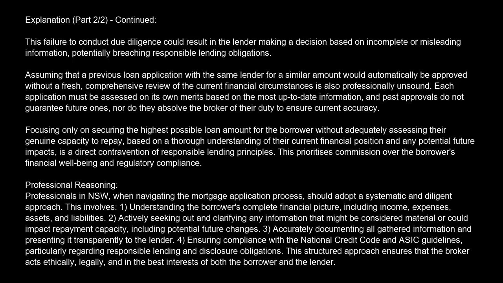Accurately documenting all gathered information and presenting it transparently to the lender. 4. Ensuring compliance with the National Credit Code and ASIC guidelines, particularly regarding responsible lending and disclosure obligations. This structured approach ensures that the broker acts ethically, legally, and in the best interests of both the borrower and the lender.